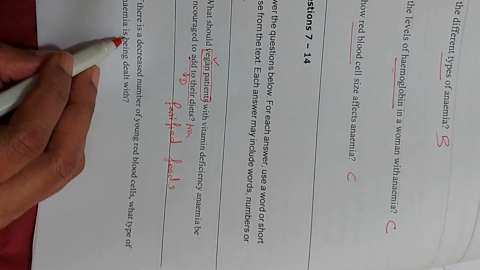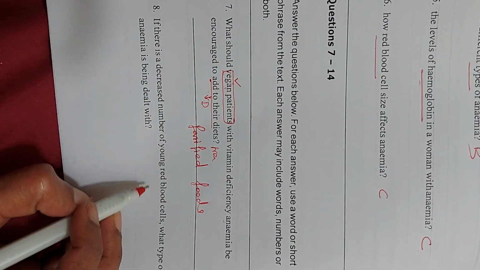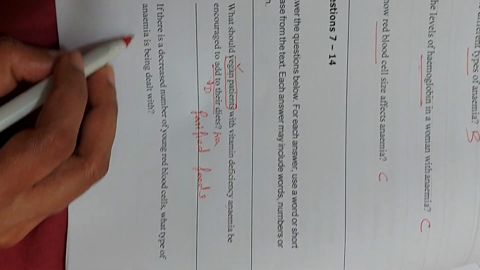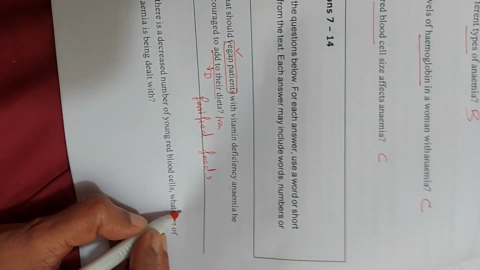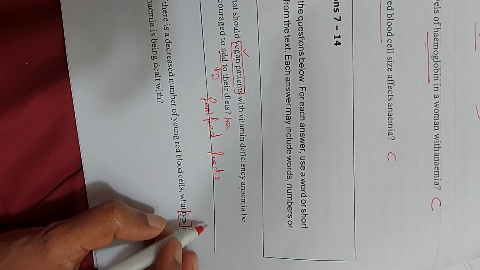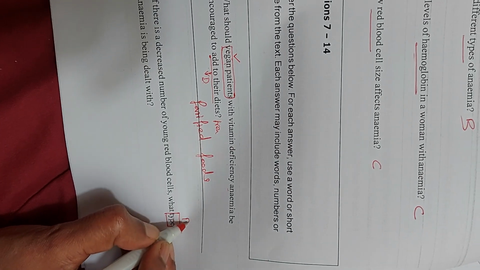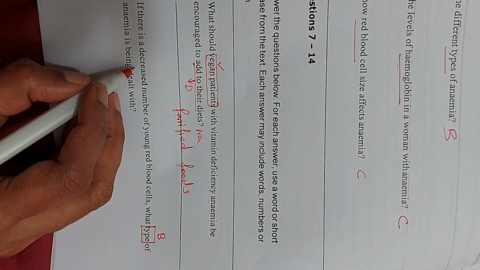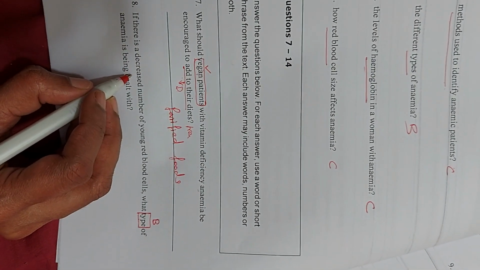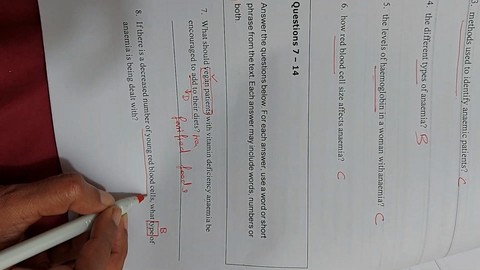Next, if there is a decreased number of young red blood cells, what type of anemia is being dealt with? So I said there will be two keywords. So type is where it is for B. So classification, we have seen it is from B. Now I have to look into the decreased number of young red blood cells.